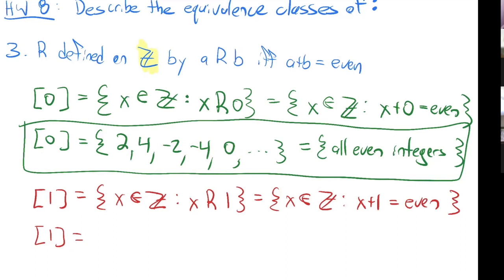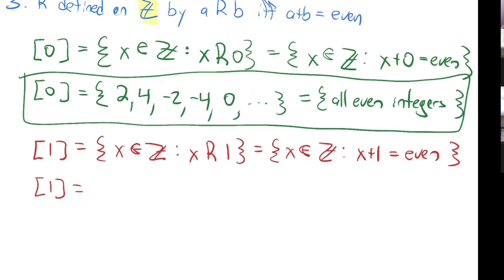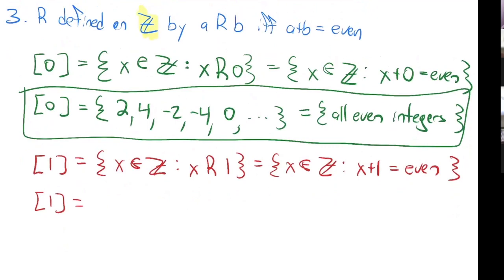But what would be some integers in the equivalence class for 1? What are things that when I add to 1, I get something even? Odd integers. Yeah, so here would be everything else, basically, all the rest of the integers.